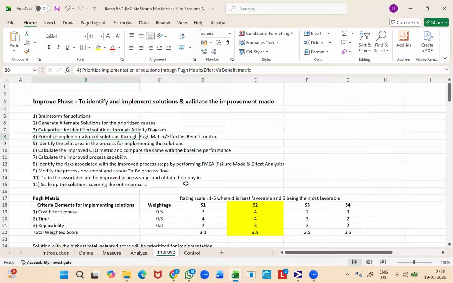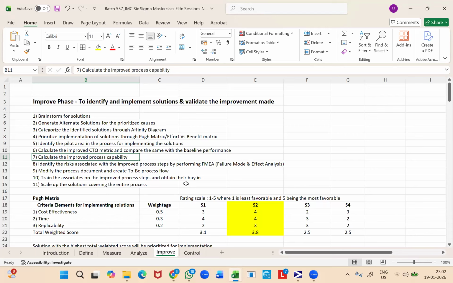And we will also calculate the improved process capability. We have already seen this as part of the measure phase. If it is discrete data, we will calculate DPU, DPO, DPMO, and sigma level. If it is continuous data which is normal, we will calculate Cp, Cpk, and sigma level.